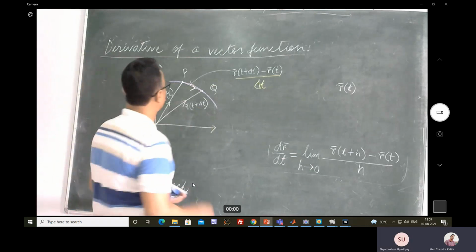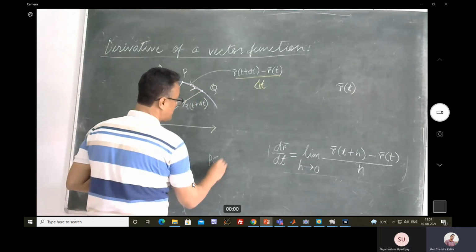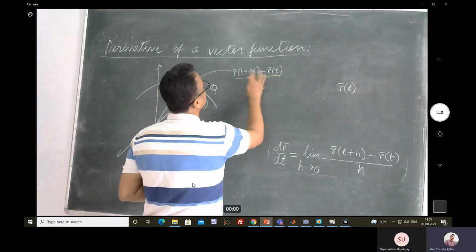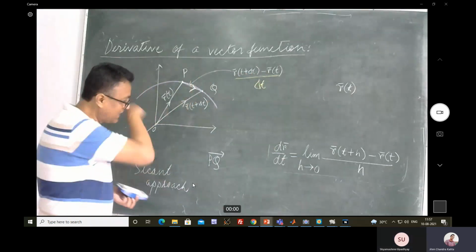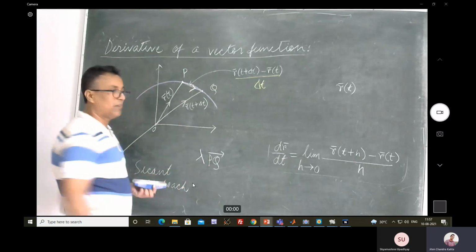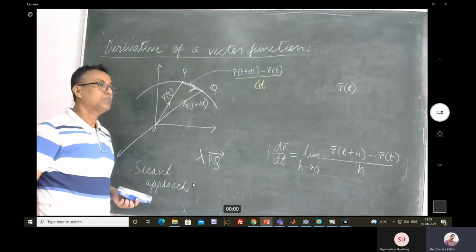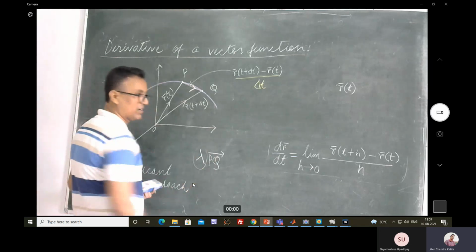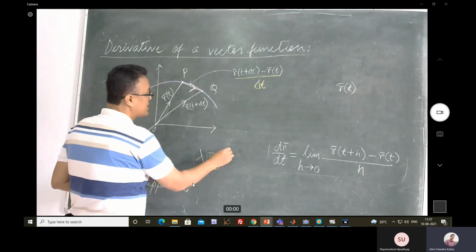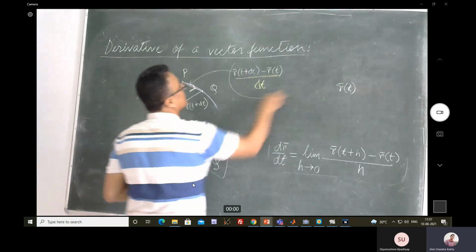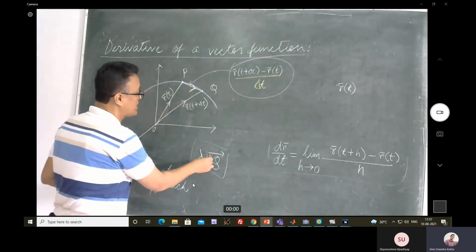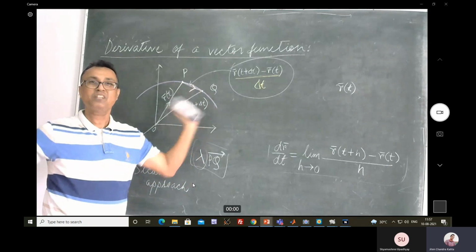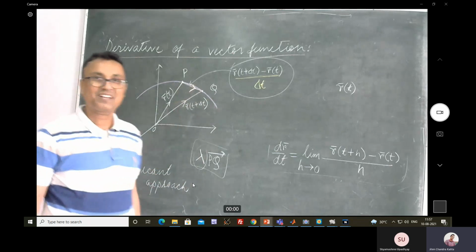So you have a vector PQ, which is r(t plus delta t) minus r(t), and you are multiplying it by the scalar 1 by delta t, a big number. So the new vector is going to be along the same direction as PQ, but its length is going to be much bigger. Is it clear?